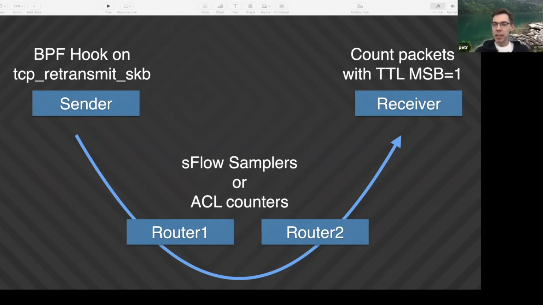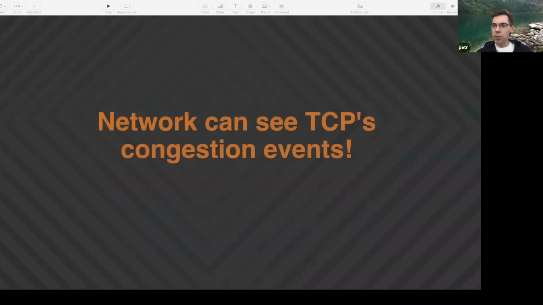Unfortunately, ACLs do not tell you the source and destination IP addresses, right? sFlow gives you the full header, so you can tell which application sent this retransmit packet. And then you can attribute this congestion to the application sender or receiver, which is pretty powerful. So the end result is the network can now see congestion events.